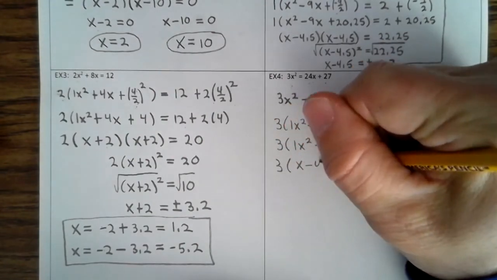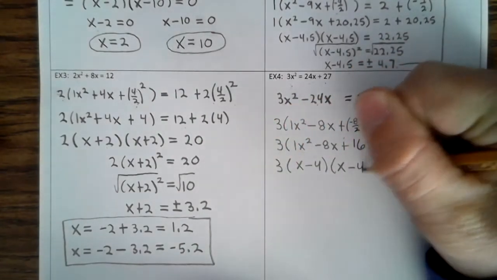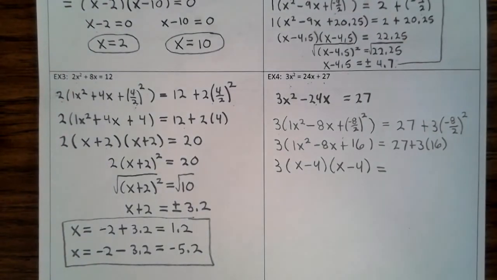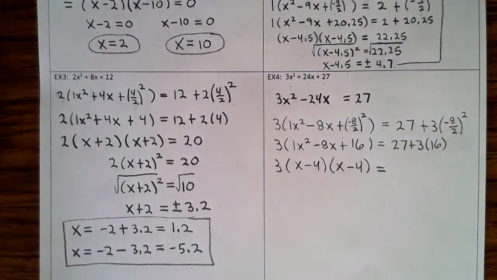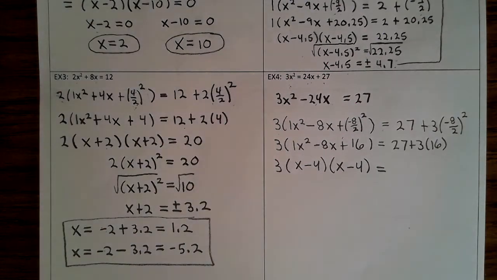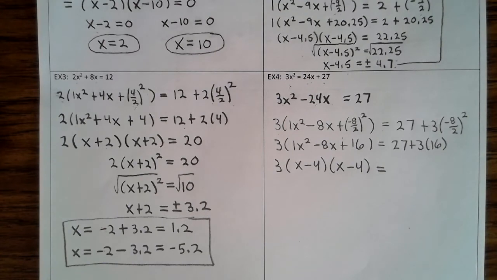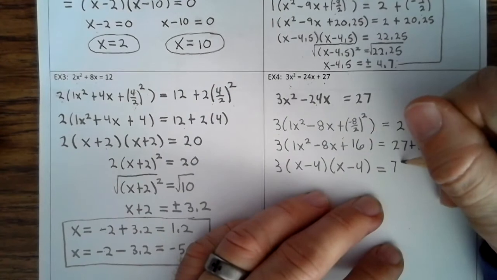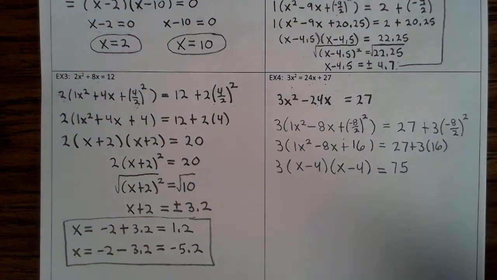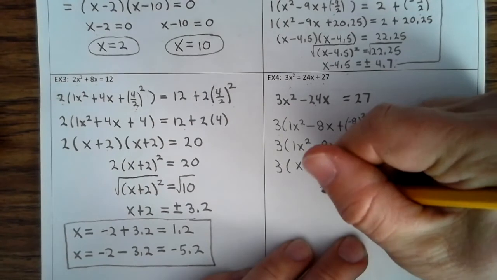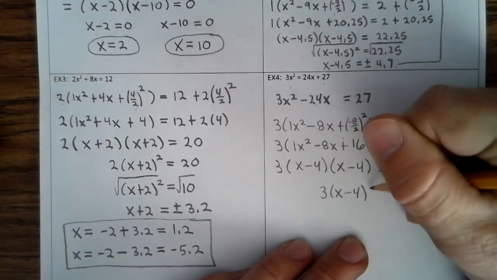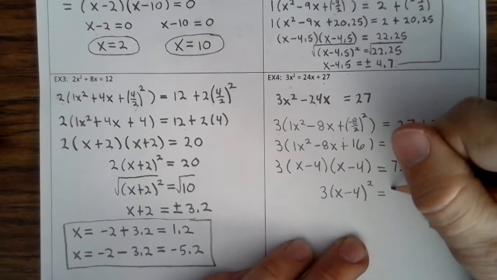So x minus 4 squared equals 27 plus 3 times 16, which is 75. So now we know that this is 3 times x minus 4 squared equals 75.